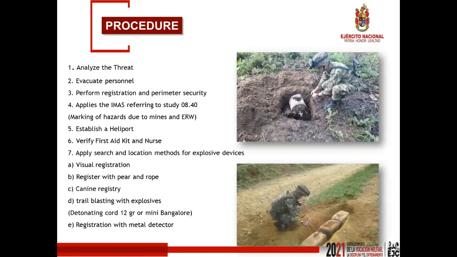So the procedure begins with the analysis of the threat. This information is provided by the operations officer, or in other case is provided by the commander unit or commander platoon.